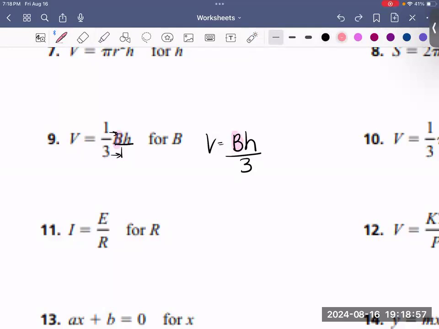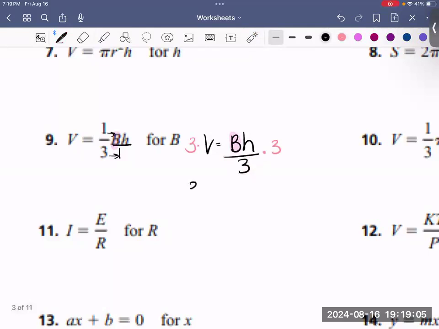So what is the opposite of division? If 3 is doing the dividing, the opposite of division is multiplication. So we can multiply 3 to the other side. Then we can go ahead and divide by h. This way, they cancel one side. So b is equal to 3v over h.